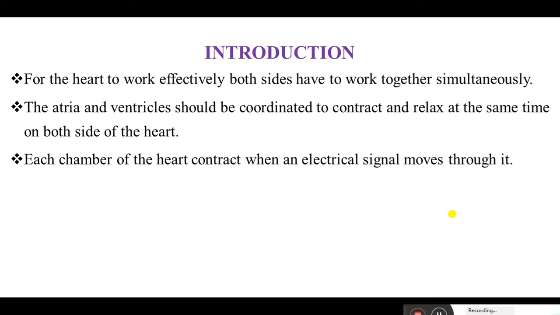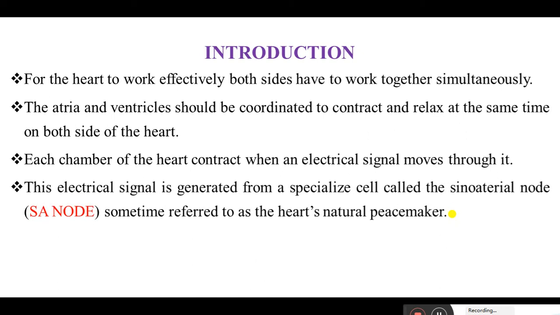We may wonder, where does this electrical signal come from? Of course, it's a very important question. The electrical signal is generated from a specialized cell situated at the upper portion of the right atrium, called the sinoatrial node, the SA node, which is sometimes referred to as the heart's natural pacemaker.